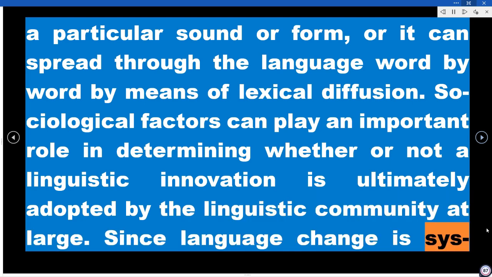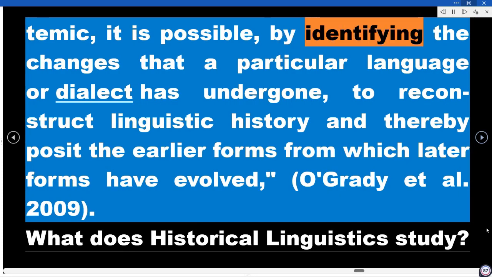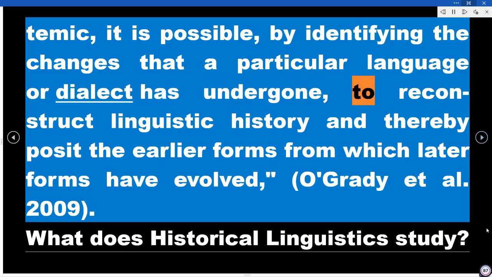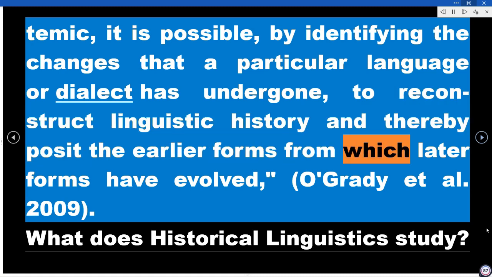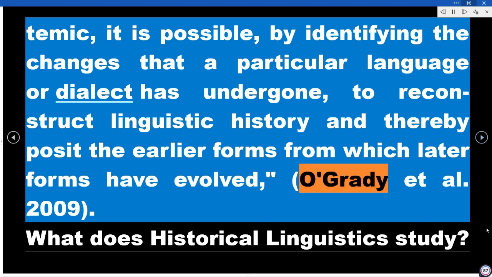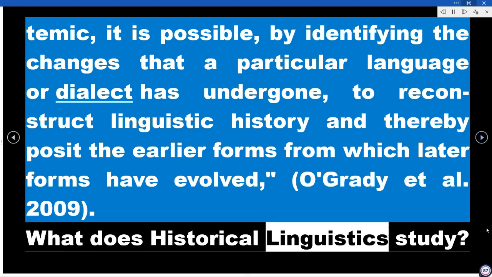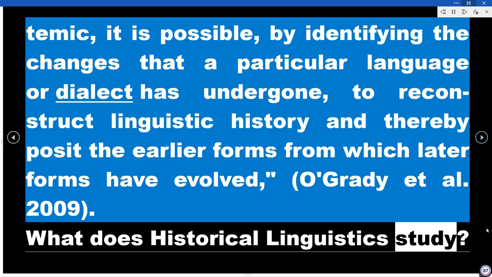Since language change is systemic, it is possible, by identifying the changes that a particular language or dialect has undergone, to reconstruct linguistic history and thereby posit the earlier forms from which later forms have evolved. O'Grady et al. 2009.